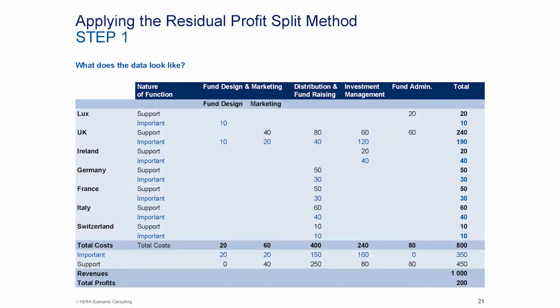Now, in this particular case, we've identified that you have potentially fund distribution and investment management and some marketing activity, all contributing to potential KERT activity, as well as fund design, and then the remainder being support activities. And within those functions, also in distribution and investment management, you also have certain support activities that would support that.